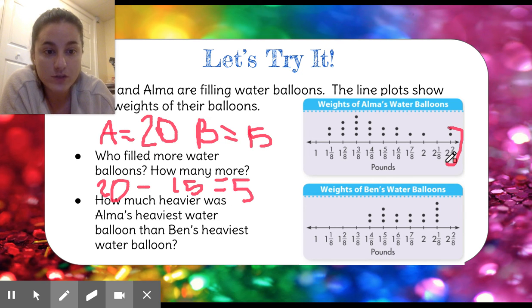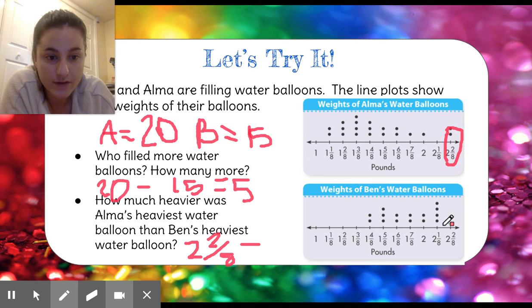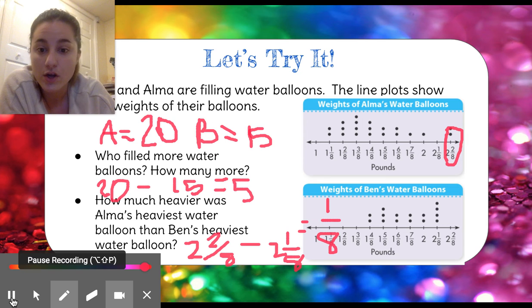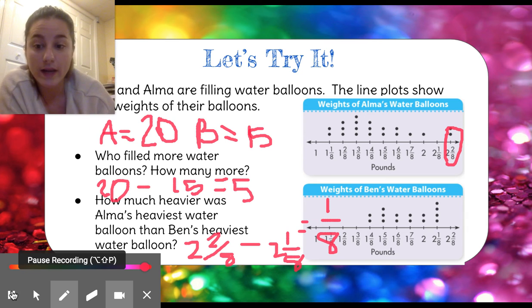Alma's heaviest water balloon was 2 2/8 pounds minus, let's find out what Ben's heaviest was, 2 1/8, which would equal 2 minus 2 is 0, 2/8 minus 1/8 is 1/8. So it was 1/8 of a pound heavier, I'm sorry. Alma's was 1/8 of a pound heavier.